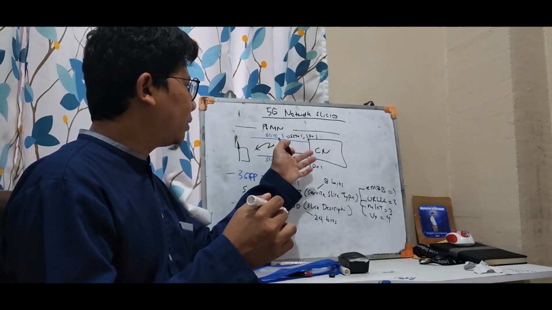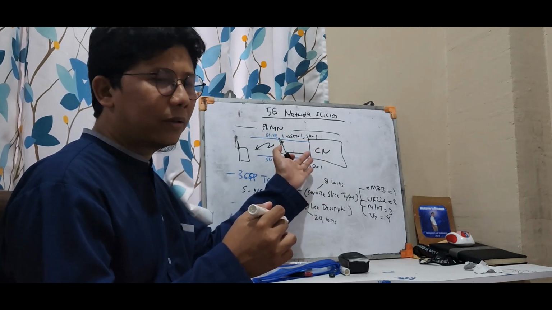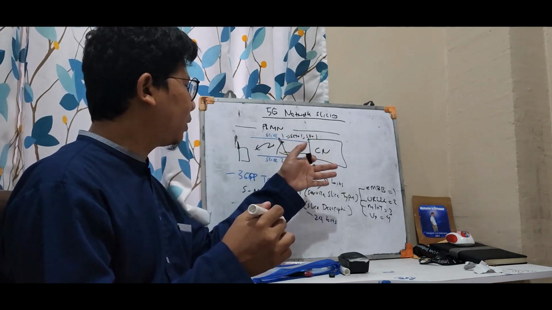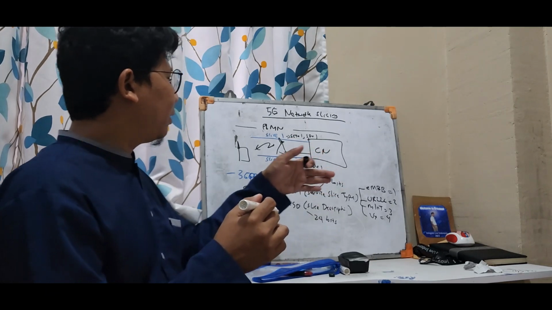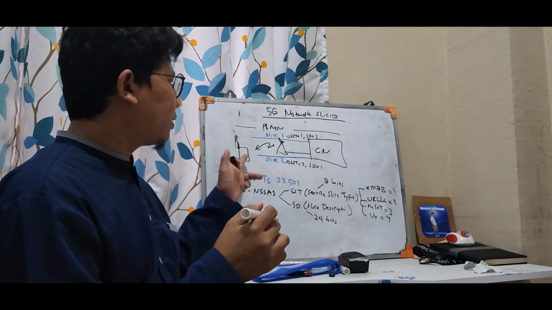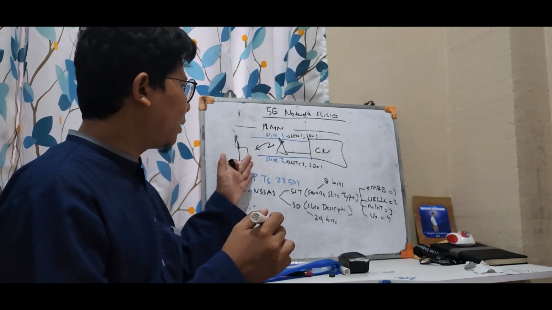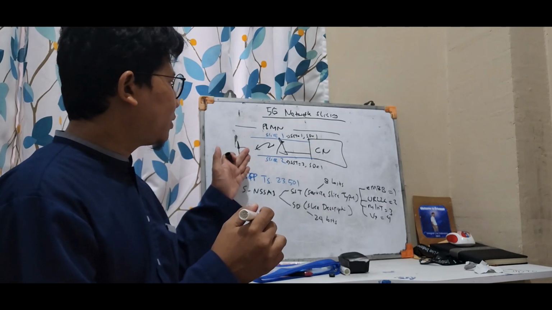So let's say eMBB using 5QI 9 is applicable for browsing. And in another slice, let's say there is a device for low latency services, okay?